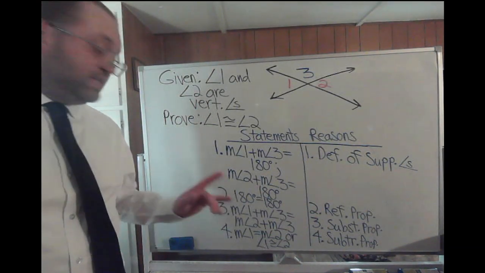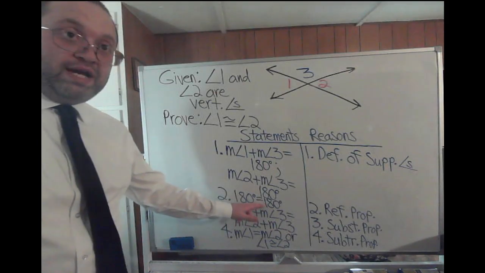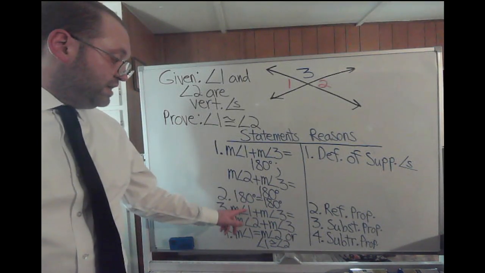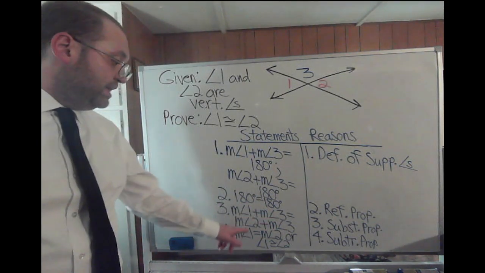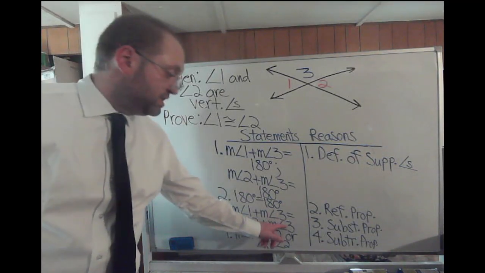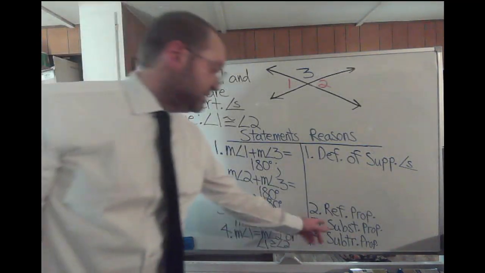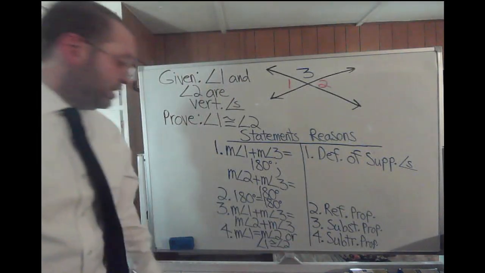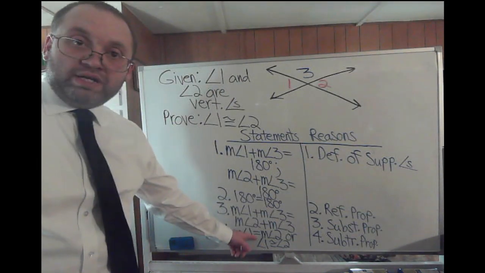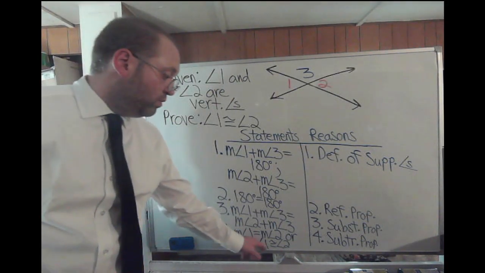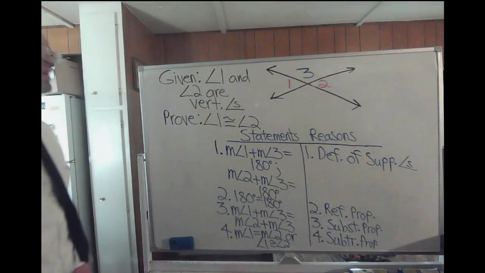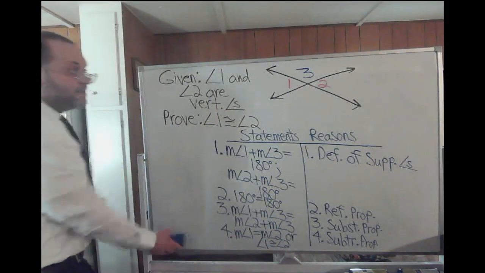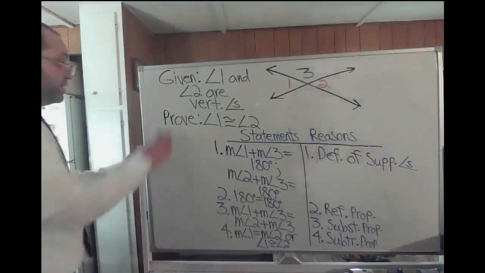And then by using substitution for each of these 180s, we got the measure of angle 1 plus the measure of angle 3 is equal to the measure of angle 2 plus the measure of angle 3 by the substitution property. And then by the subtraction property, we come up with the measure of angle 1 equals the measure of angle 2, or angle 1 is congruent to angle 2. So we have now just proven vertical angles are congruent.